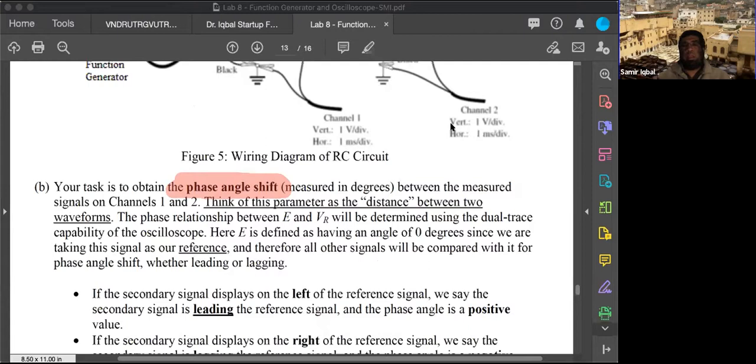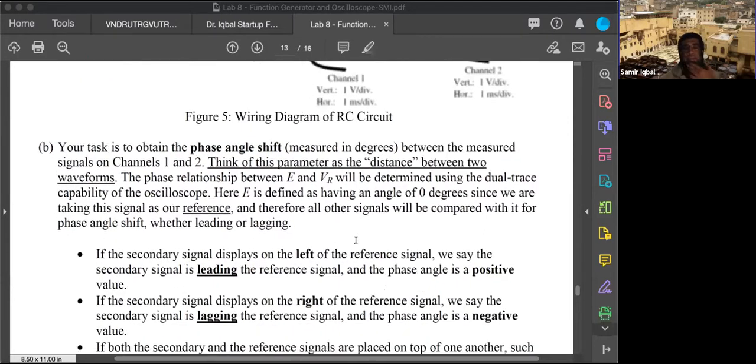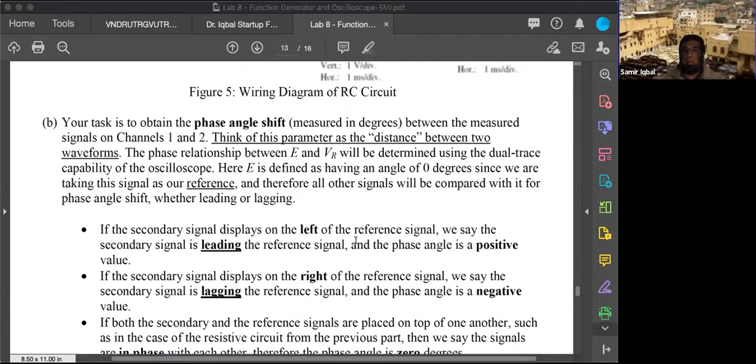If two people are going linearly, we can say one is going faster, the other one is going slower, and we can measure the distance between them. But if there are two waves traveling, the difference between the two waves is measured by phase angle shift. Now, the two traces will tell us if it's a positive or negative number.